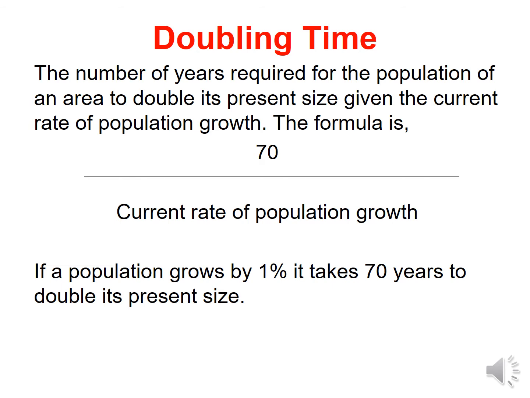The formula is 70 over the current rate of population growth, which means if a population grows by 1%, it takes 70 years to double its present size. If the growth rate of a country is 2, then 70 over 2, so it should take 35 years to double the population, like Pakistan.